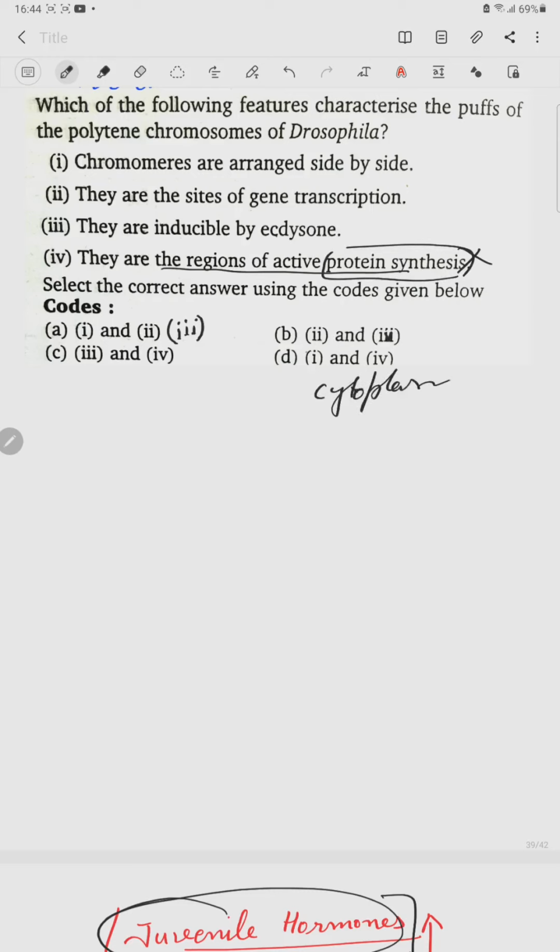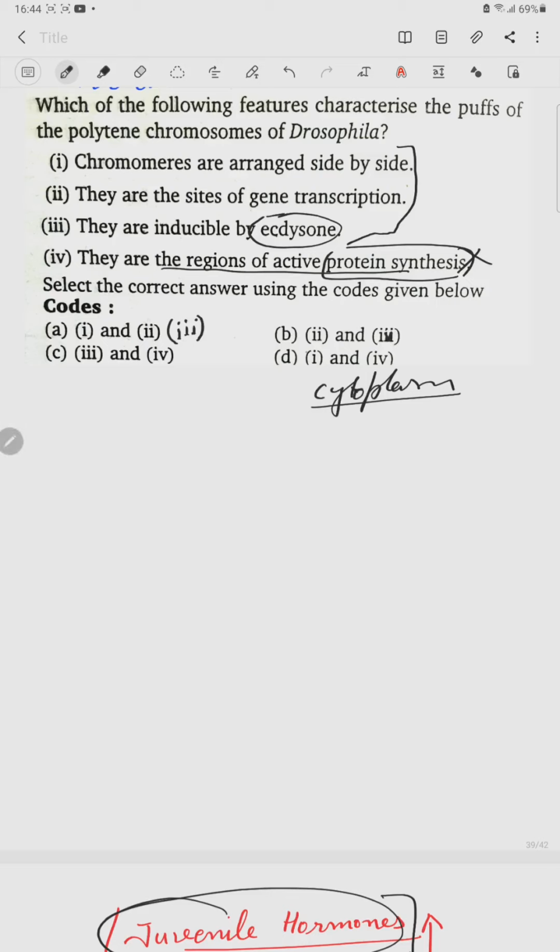Cytoplasm is the site where proteins are synthesized, and the polytene chromosome is present in the nucleus. Ecdysone hormone moves toward the nucleus via the nuclear pore and is responsible for the activation of certain genes, which are amplified to form the puff.